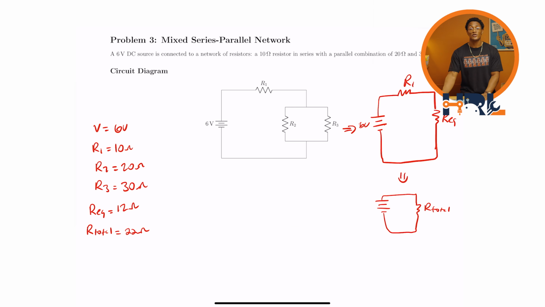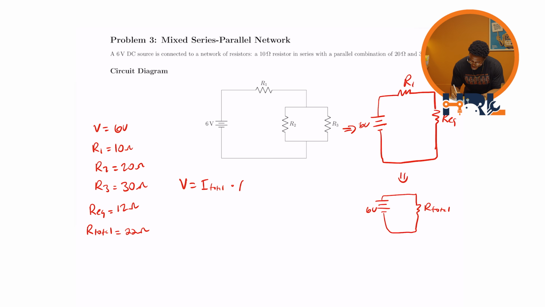Beautiful. So now if we redraw the circuit one more time, substituting the resistors in series as just one resistor with resistance R total, we can use Ohm's law to find the current and whatever else we need. If we want to find the total current through the circuit, we use Ohm's law: V equals I total times R total.